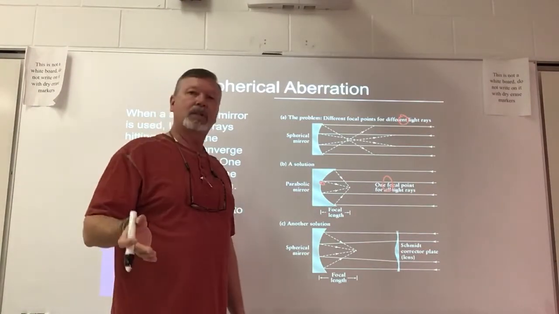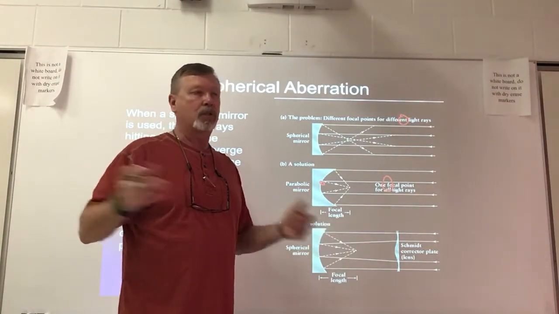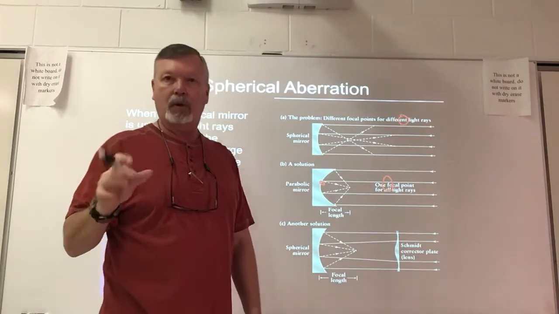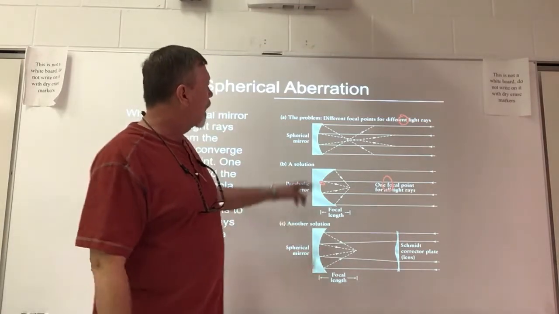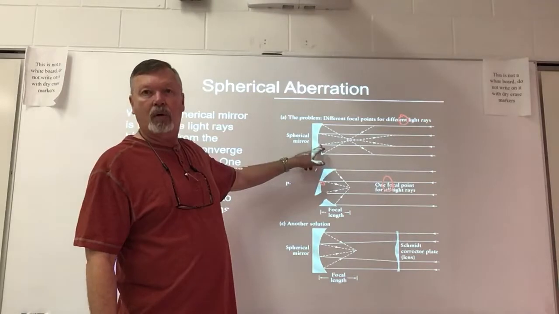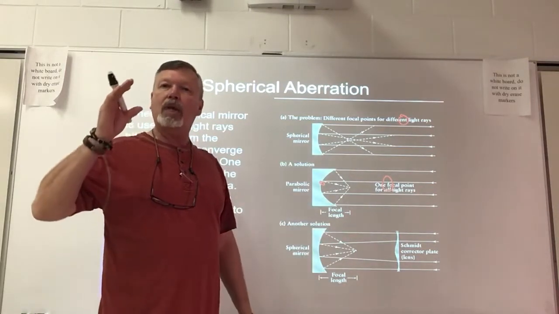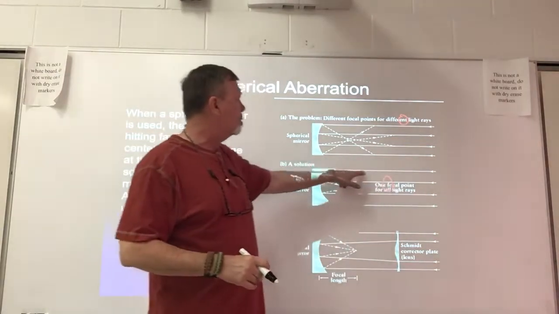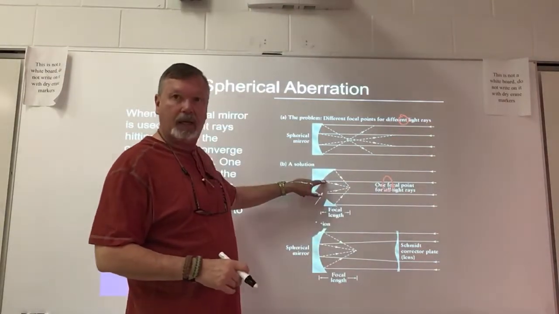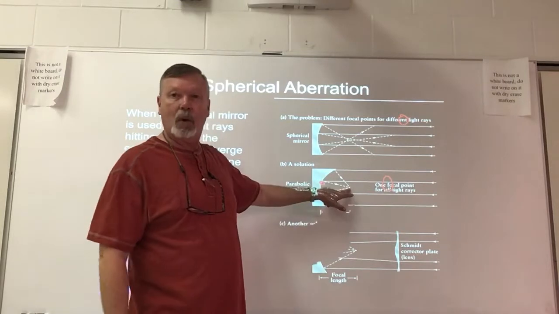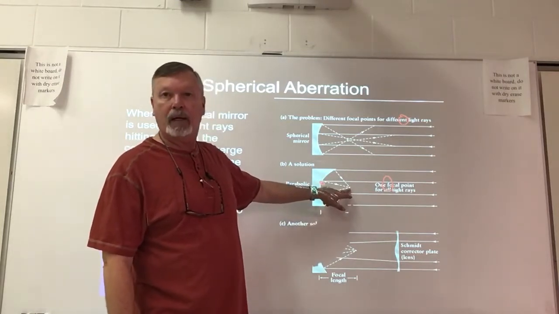Then some brilliant physicist, and keep in mind astronomers are physicists too, I don't know why this wasn't noticed much earlier than it was, said, hey, stop making the mirror spherical. Make the shape of the mirror parabolic. And by making the shape of the mirror parabolic, it doesn't matter where the light hits a parabolic lens, it all focuses at one point and you don't have to put a pair of eyeglasses on it.